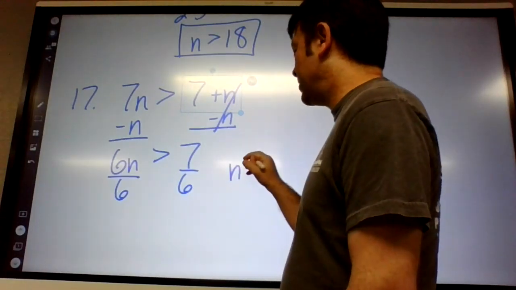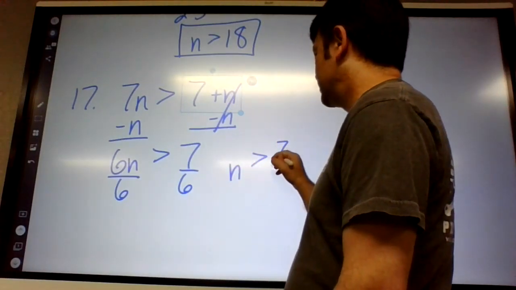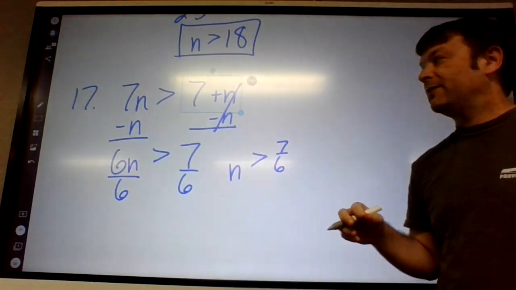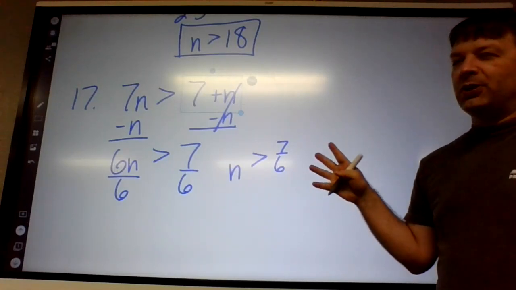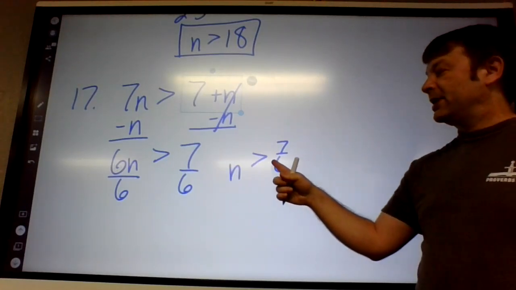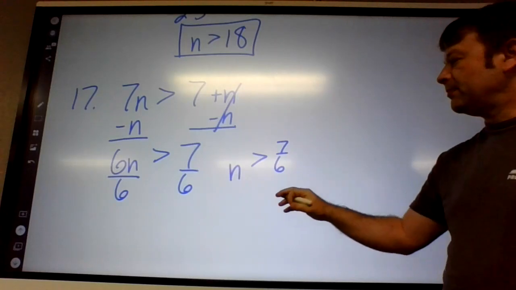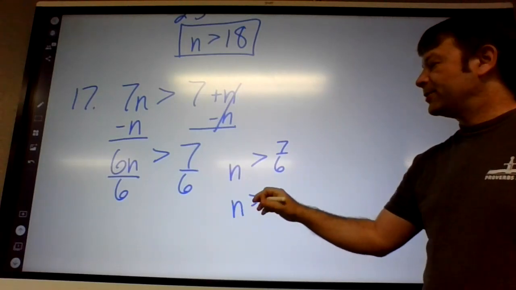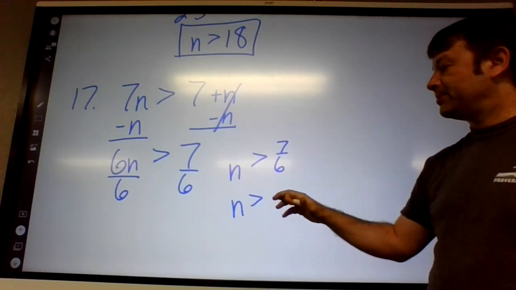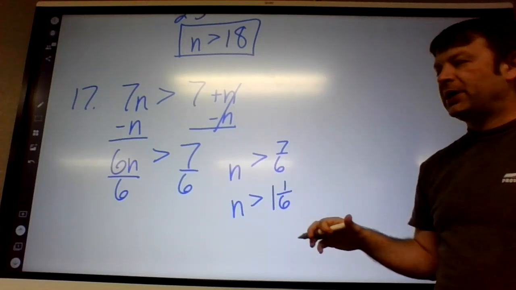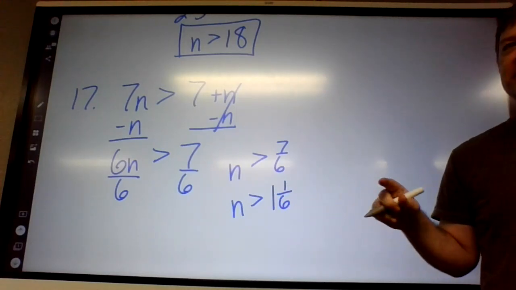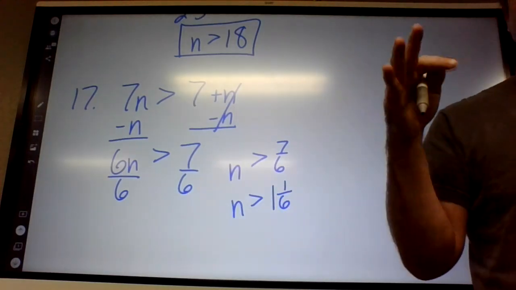Okay. However, if you put that, I'd only give you half credit. I'm talking about like number 16. They said, what's the smallest integer that would work for this? Okay, first off, what's 7/6 as a mixed number? It's 1 and 1/6. Do you guys know what integers are? Yes. Like 1, 2, 3, 4, or -1, -2, -3.